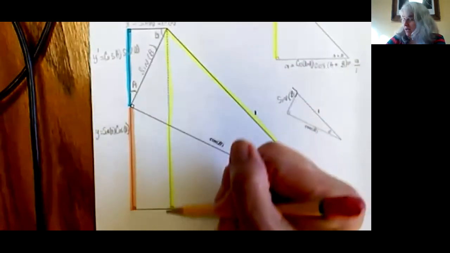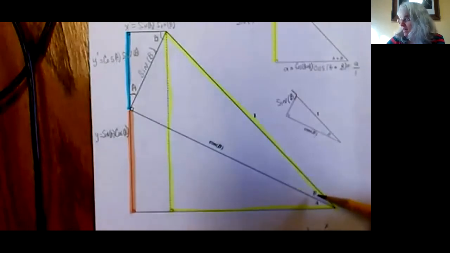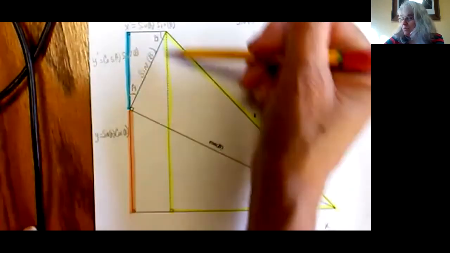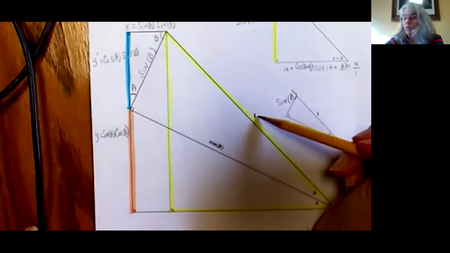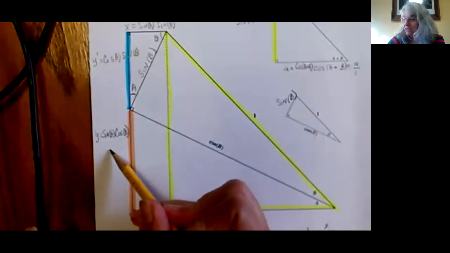Right here. So if we did the sine of A plus B, it's going to equal this length over 1. Well, what do you know? You just add them together.